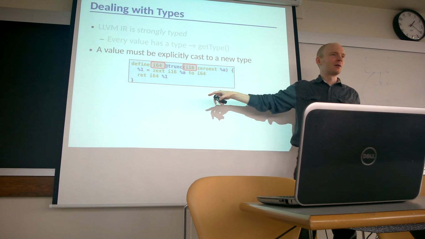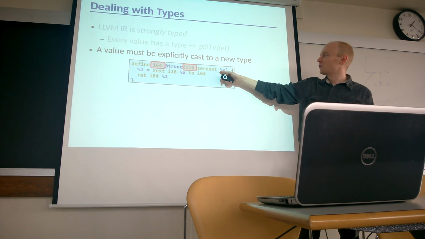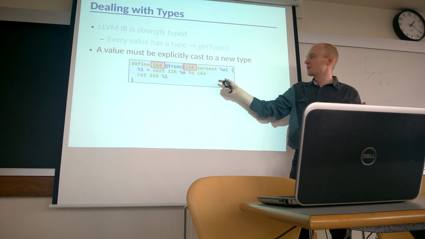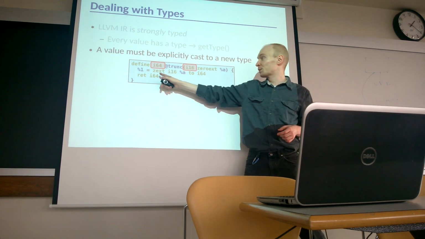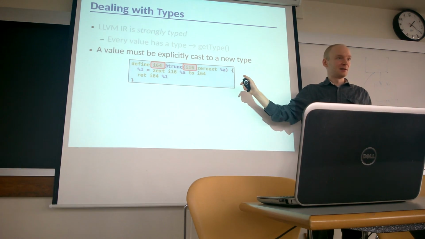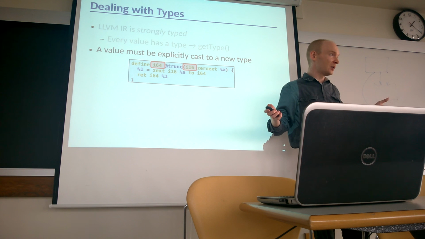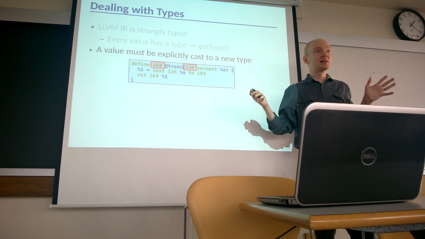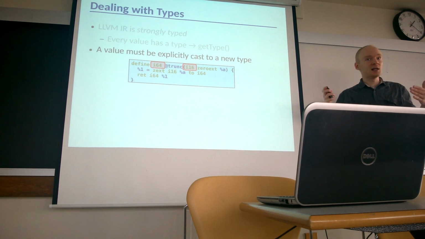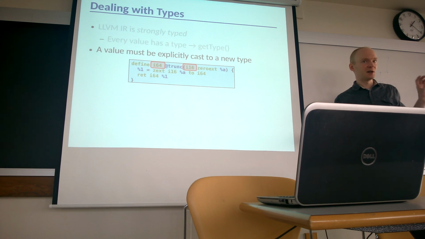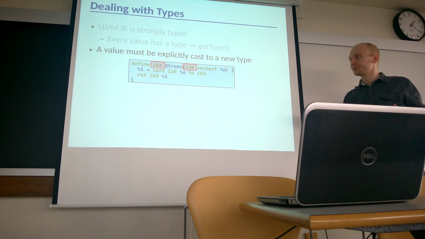Okay, whatever, ignore the name of the function. If you're taking in some 16-bit value and you want to use it as a 64-bit value, you have to explicitly extend it. So all that stuff is still manual, but there is a language reference online and it's still easy to work with. So even though you have to explicitly cast things, you got to do some fidgety stuff, there's a lot of infrastructure in there that makes it easy.